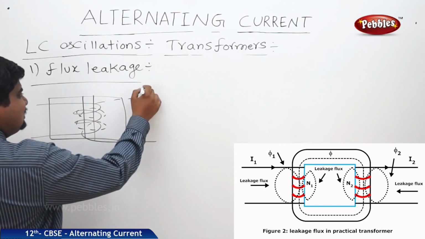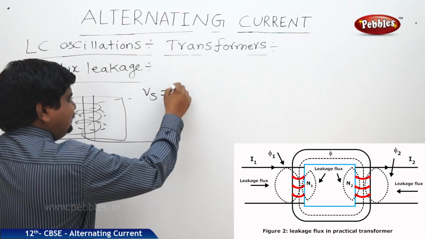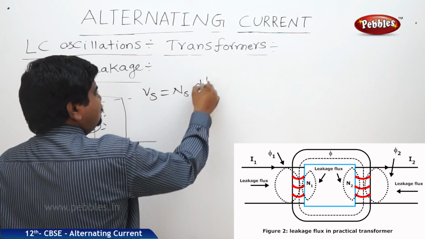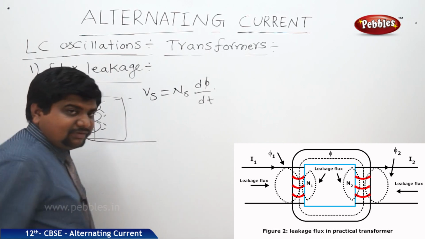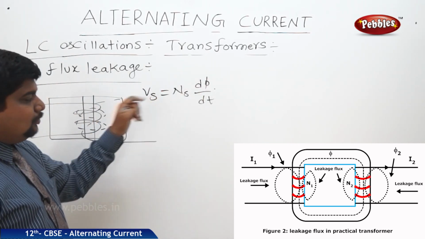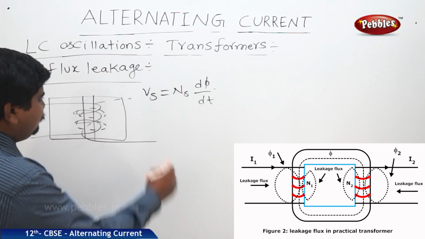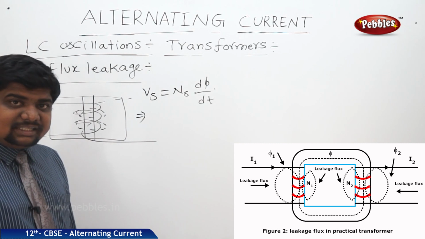Since Vs is equal to Ns into d phi by dt, or Vp is equal to Np into d phi by dt, there is a possibility for the voltage to change because flux is leaking. Therefore, we are not getting the correct voltage in the experiment.